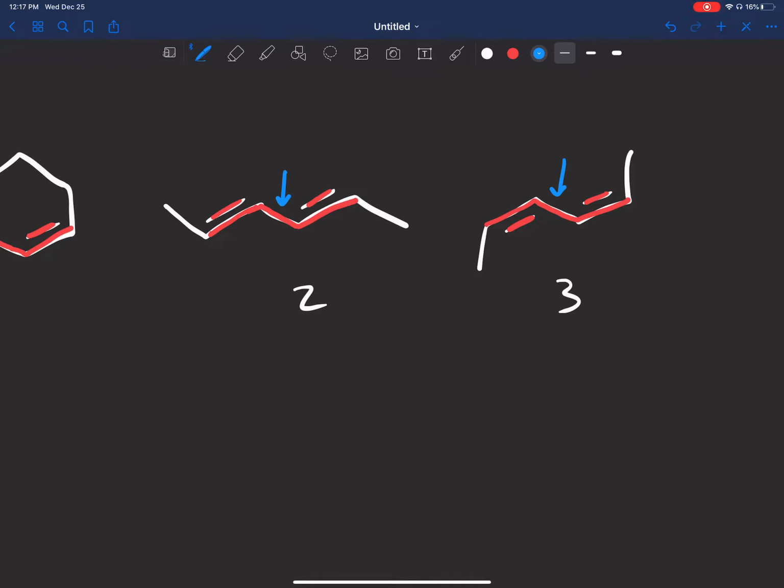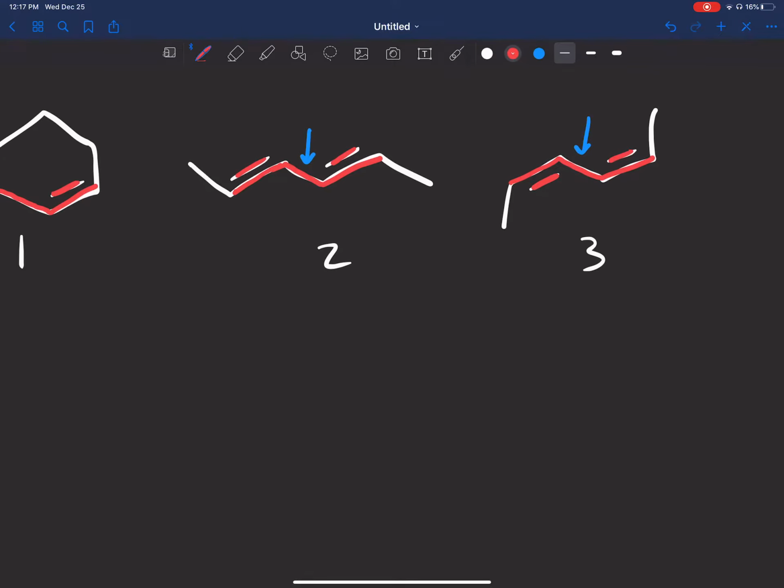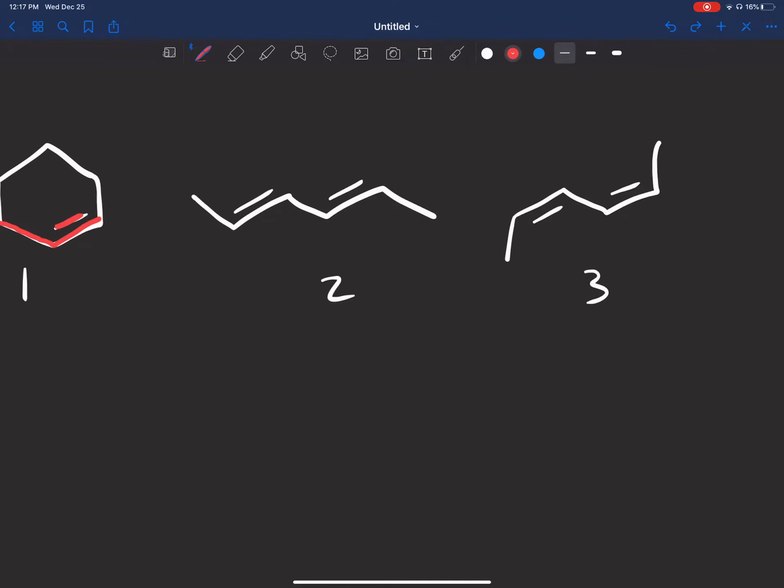So let's draw them in the S-cis conformation. My technique for rotating bonds when it comes to dienes is I leave half of it the same. I'm going to leave that part on the right the same, and all you're going to want to do is flip this end. You see, this bond is coming downward to the left.